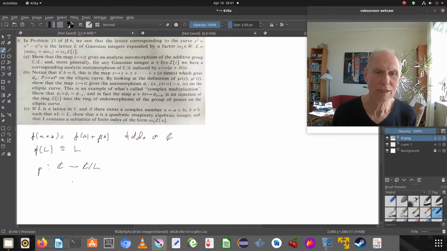And then let's have an automorphism. Together with P, we get a map from C to C mod L.